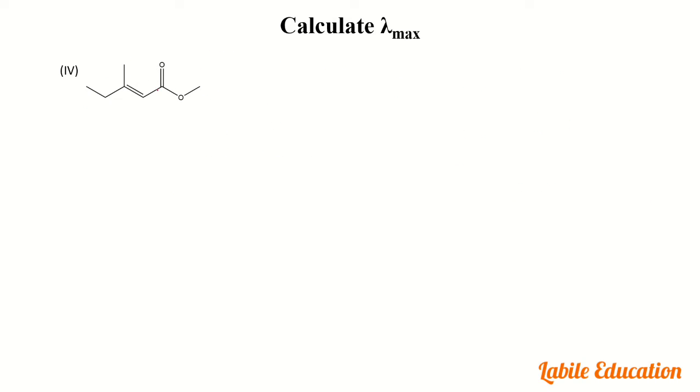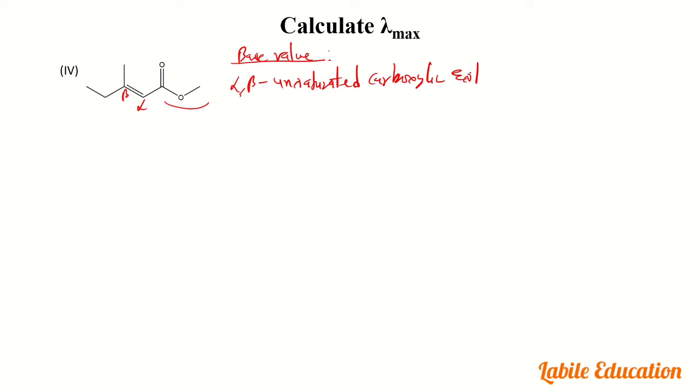Now this is the example of an alpha beta unsaturated carboxylic ester. This is the alkyl group, so this is an ester. So the base or parent value for this, this is alpha, this is beta, so this is an alpha beta unsaturated carboxylic ester.